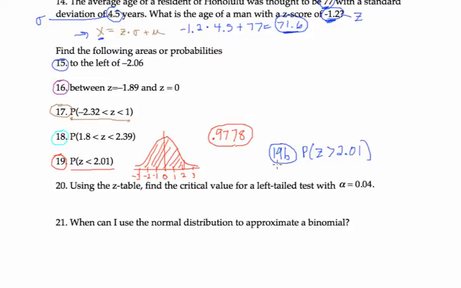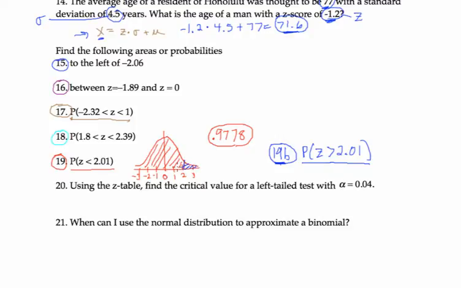I'm going to add a problem, 19b, I'll call it, because there isn't one like this. I want you to also think about what's the probability that the z-score is greater than 2.01. So greater than 2.01 over here. Well, our table shows the probability that you're to the left of that. So how do we find when you want to the right, the greater than?